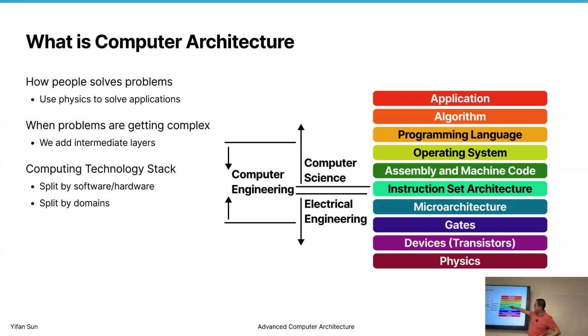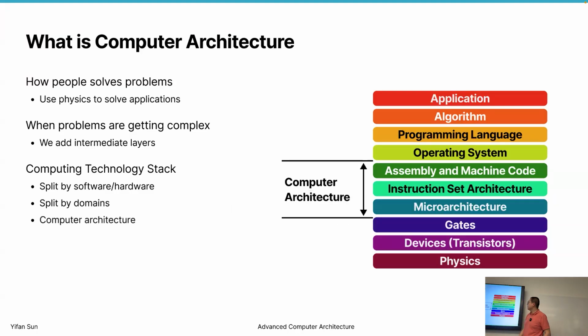They typically consider anything below the instruction set architecture as electrical engineering, although this year the electrical engineering departments are doing AI. But typically we consider the basic things, device level, as electrical engineering. Computer science is on the software side, right? But if you talk about computer architecture, it's typically the system side to the microarchitecture side, right?